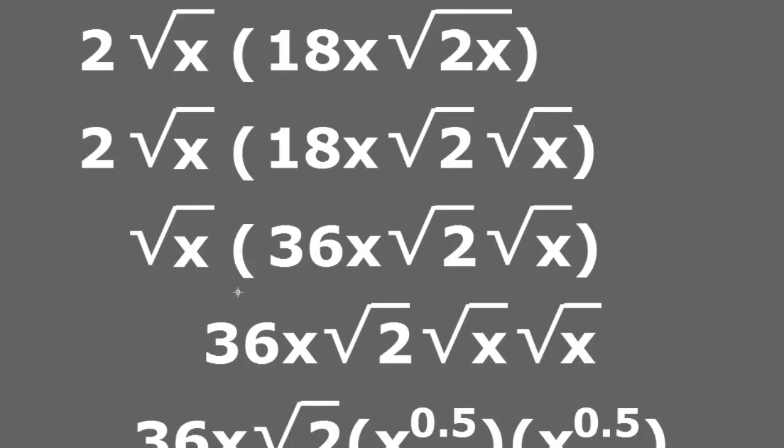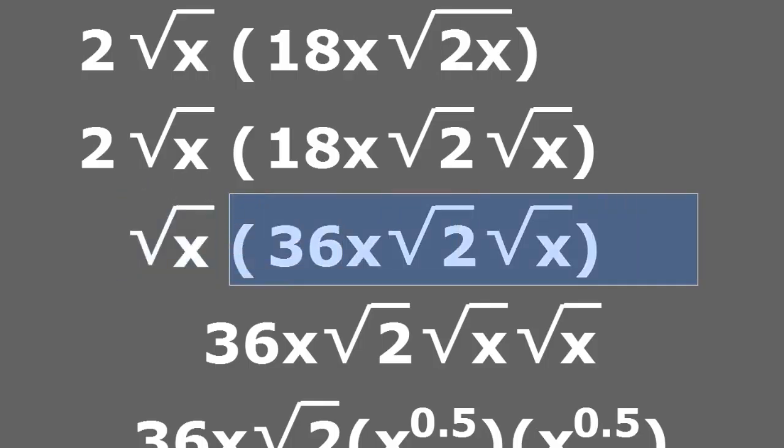The next step that I'm going to take is to separate the square root of 2x into the square root of 2 multiplied by the square root of x. And what I can do now is start multiplying this term with this term. First thing that I do is take the number 2 and multiply it by 18. 2 times 18 is now 36. And now I can multiply the square root of x with everything in here.